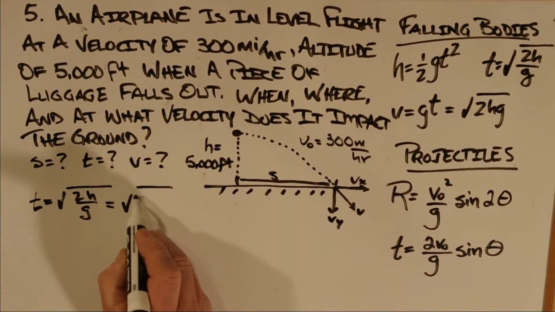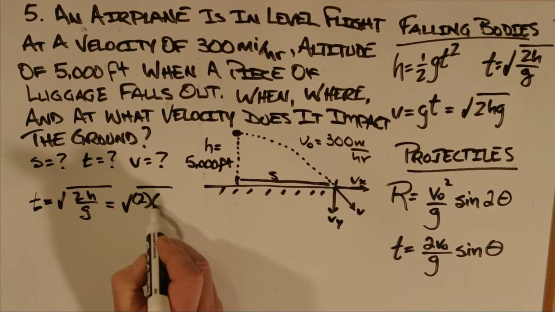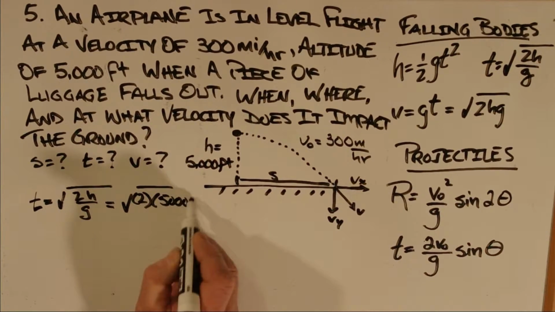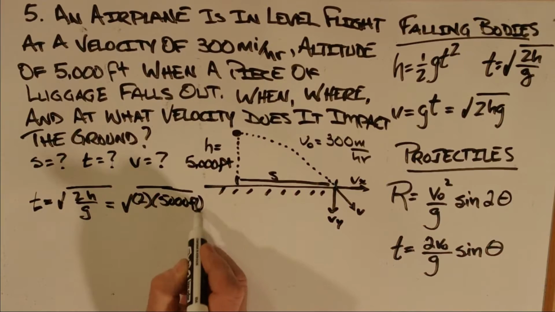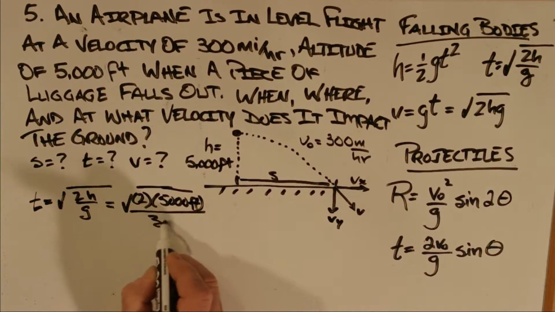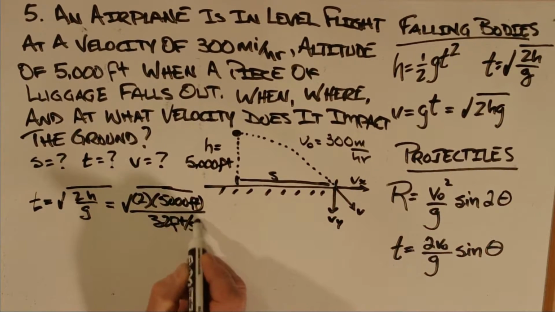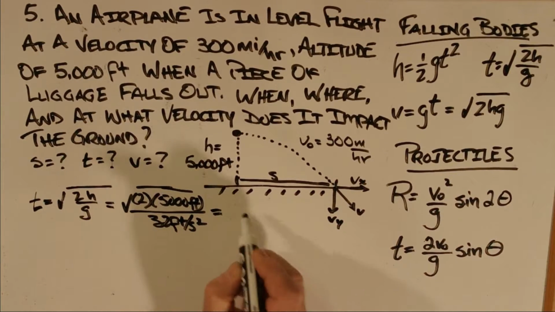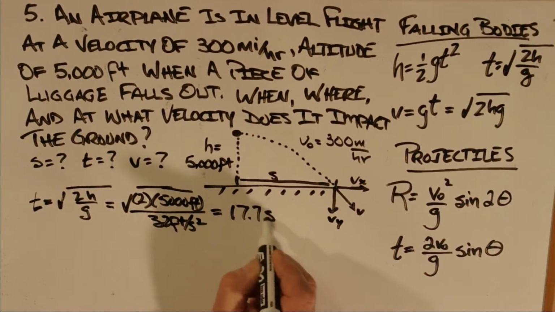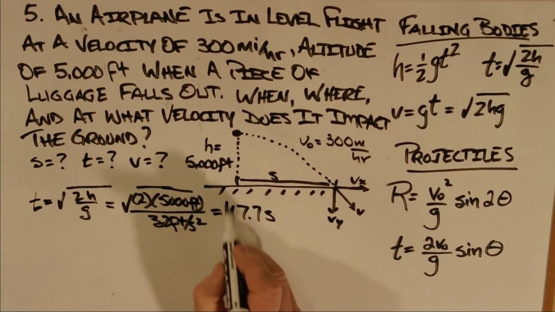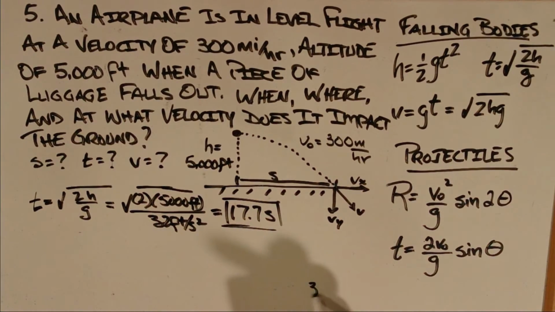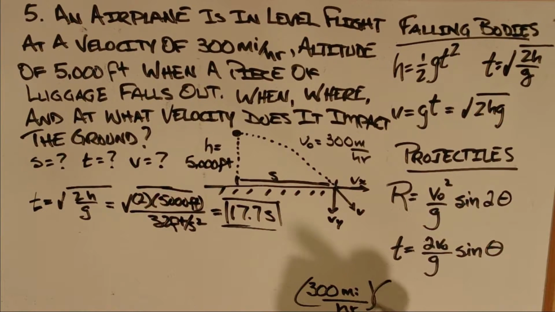That will be 2 times 5,000 feet divided by 32 feet per second squared. And when we do the arithmetic, we have a numerical value of time as 17.7 seconds. And that gives us the opportunity to calculate the final velocity.